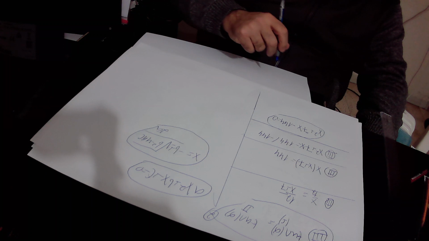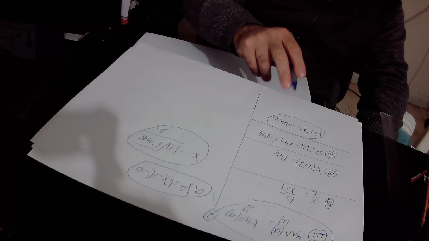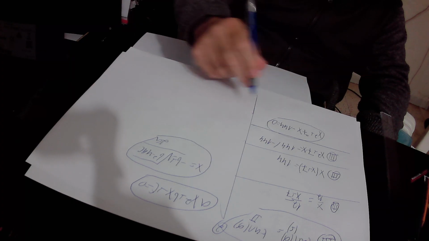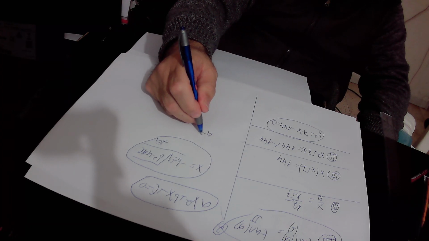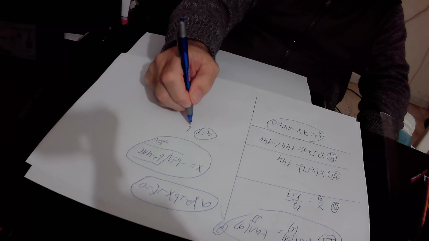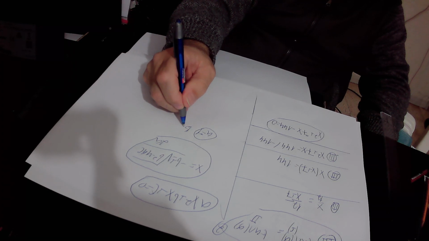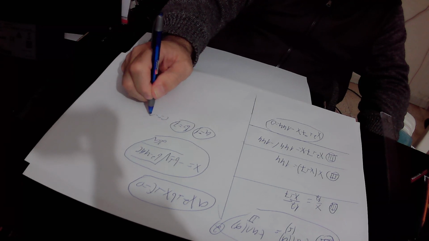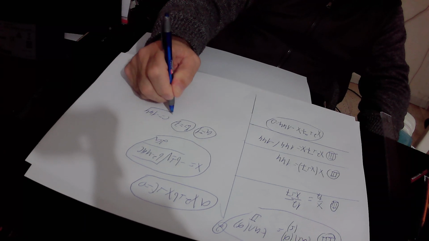Now our specific quadratic equation is x squared plus 7x minus 144 equals 0. The coefficient a equals 1. The coefficient b equals 7. And finally, the coefficient c equals minus 144.